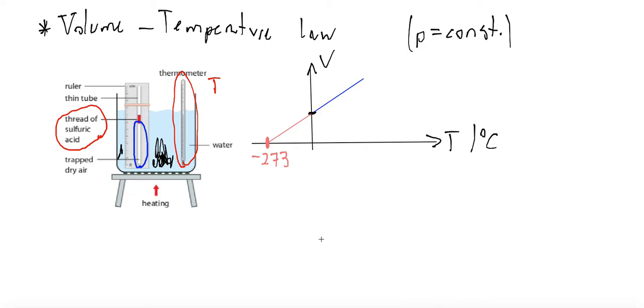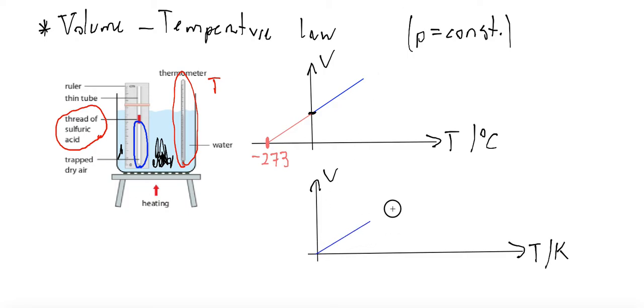In the Kelvin scale, this temperature means 0, absolute 0. So when you plot a graph of how volume depends on temperature expressed in Kelvin, not in degrees Celsius, then volume is directly proportional to the temperature in Kelvin, which means that the line crosses the origin.